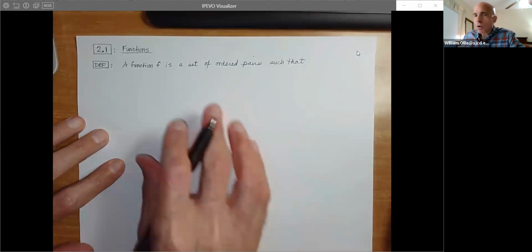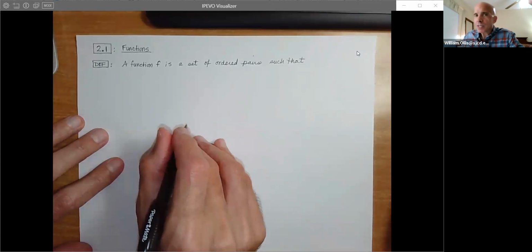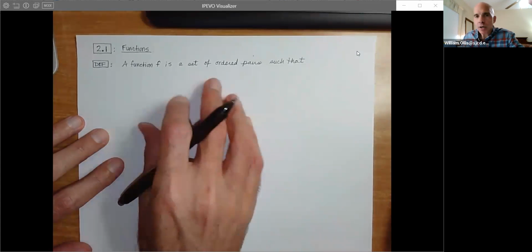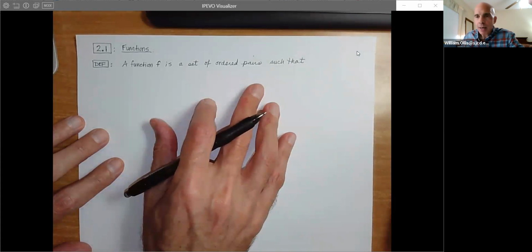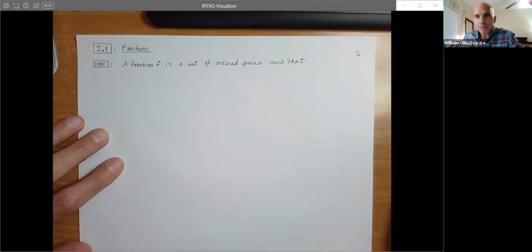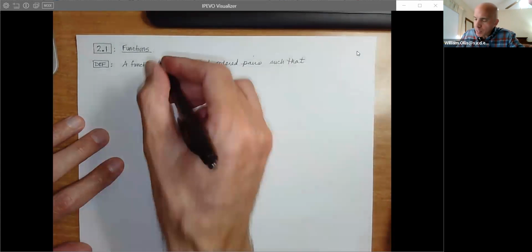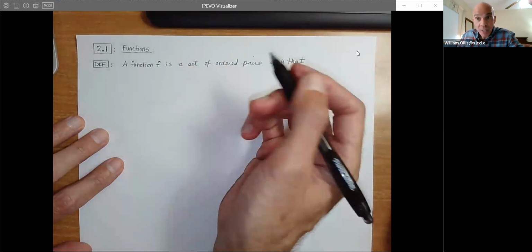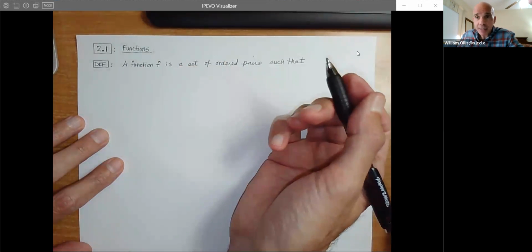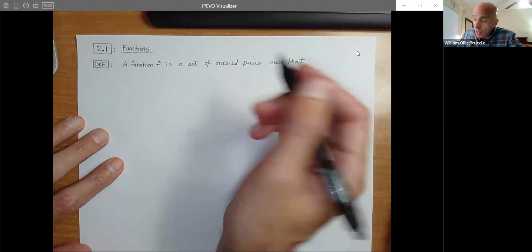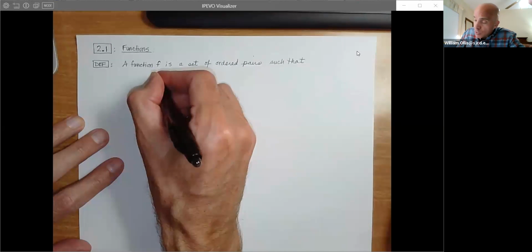Now what the such that part really turns out to be is the vertical line test. But I want you to understand this from this set theoretic way because I want you to be comfortable with the concept. So for instance, we know a function is a set of ordered pairs because we graph functions. That's exactly what they are, sets of ordered pairs. So such that what?